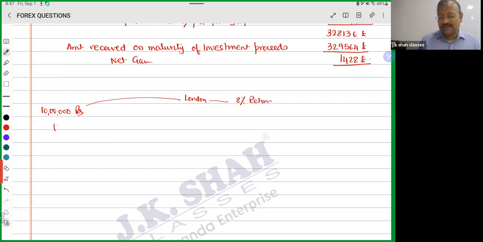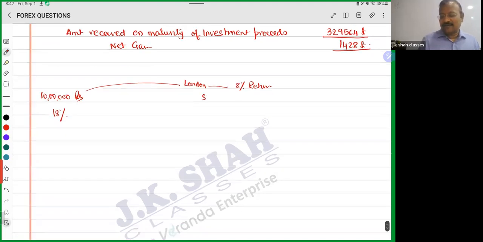And your cost of money is 18%. Okay? And spot, 1 pound equals to, let's say 110, and 1 year forward is, let's say 115. How will you calculate what is the net gain you made for your family?